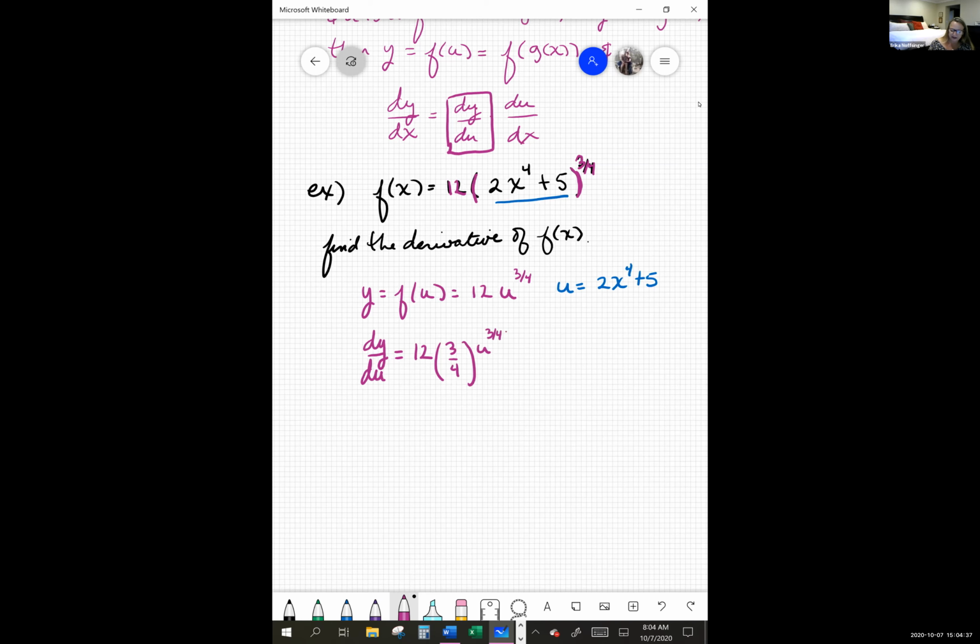So 3/4 minus 1. I'm going to write that 1 as 4/4. So you can simplify a little bit. I have a 4 in the denominator. That goes into 12 3 times, so we're left with 3 times 3 in front, which is 9. U to the 3/4 minus 4/4, which is negative 1/4.